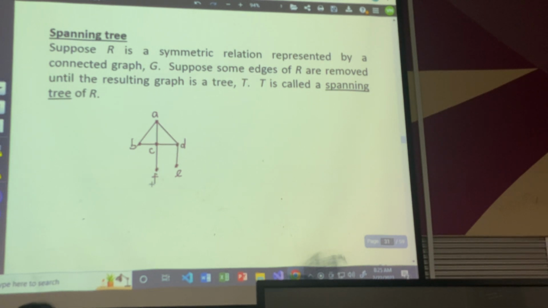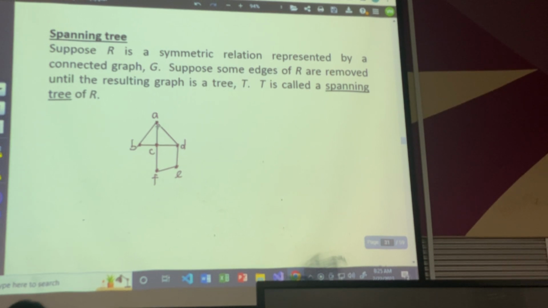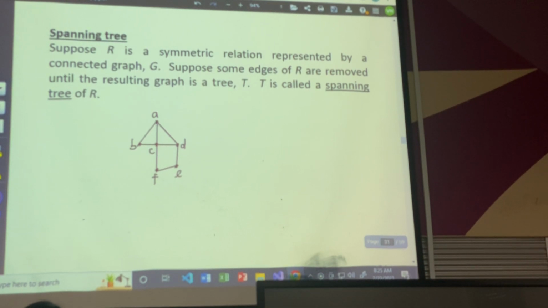Okay, one more here. Okay, this is an undirected graph. So we will remove, let's say you remove BD, right?